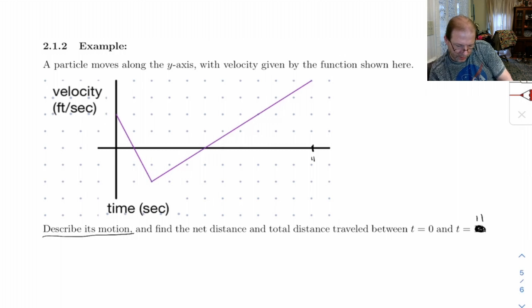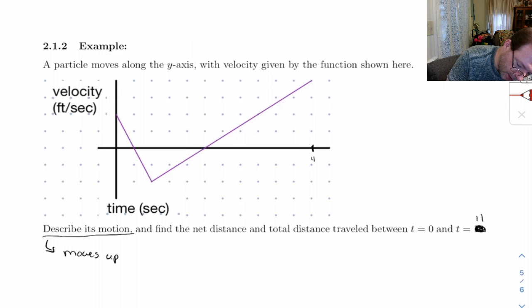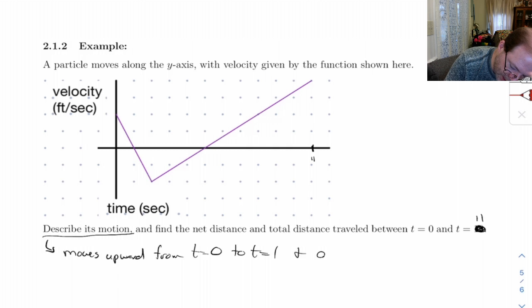So let's write that out a little bit. Describe the motion. All I really want to say about that is it moves upward from t equals 0 to t equal 1, and also after t equal 5.